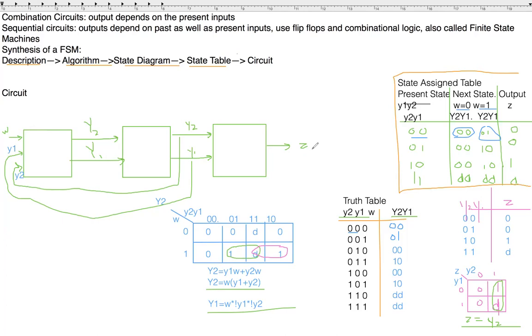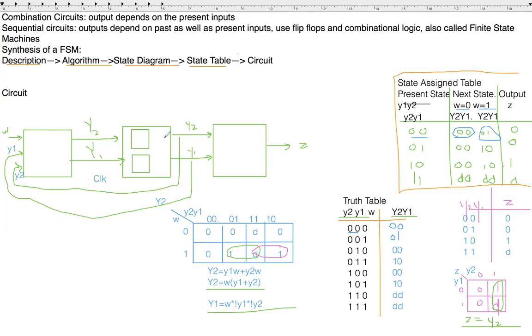And so now that we have done that, we're going to have our flip-flops in here. So I'm going to draw my two flip-flops, one here and one here. And we're going to have our clock input going to those flip-flops.